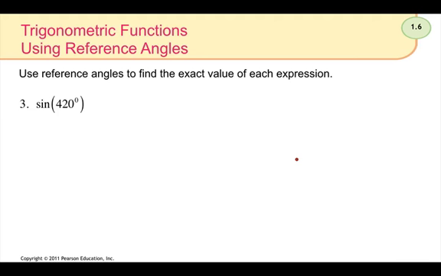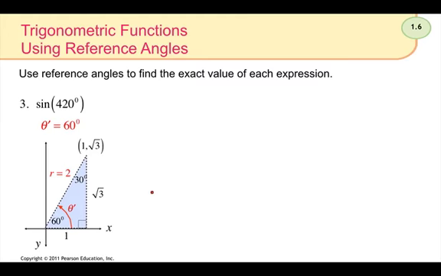This one's different. It says use reference angles to find the exact value of each expression. I am going to work with 420, but I am going to use the reference angle. You should be able to see, by actually drawing 420, that the reference angle, or theta prime, is 60 degrees. From here, you sketch your reference angle, then bring over the radius of 2.